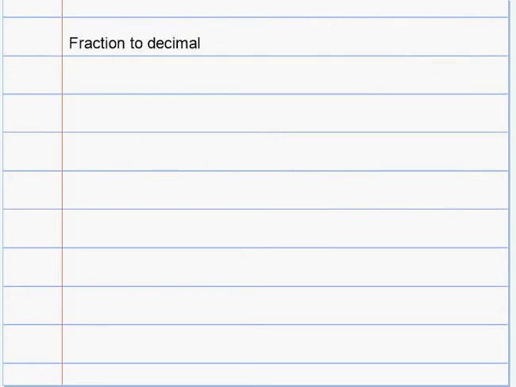Okay, so let's take a look at some fractions that we're going to convert into decimals. Easy ones would be fractions like 23 out of 100. Place values that are tens, hundreds, thousands, anything that has a power of 10 in the denominator, those you just write as the place value.